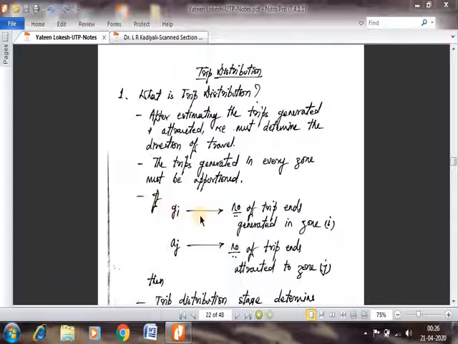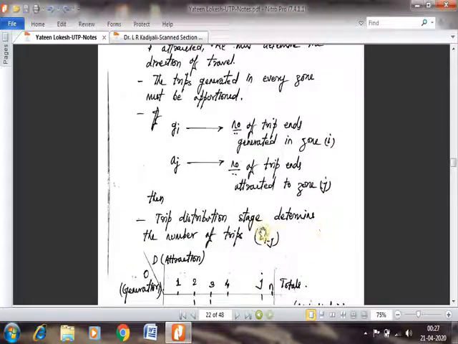So if gi denotes the number of trip ends generated in zone i, and if aj denotes the number of trip ends attracted to zone j, then the trip distribution stage determines the total number of trips, which is denoted as tij. Now this was small gi and small aj. Therefore, in the present analysis, the total number of trips taking place would be small tij.